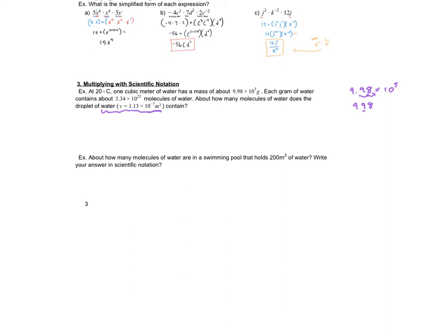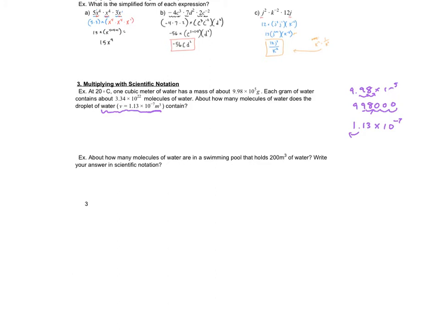So that would be 1, 2, 3, 4, 5 places. So that is actually meant to represent 998,000. And when I have 1.13 times 10 to the -7, with a negative exponent I'm moving it to the left because I'm making a smaller number. So just keep that in mind when we're talking about scientific notation.